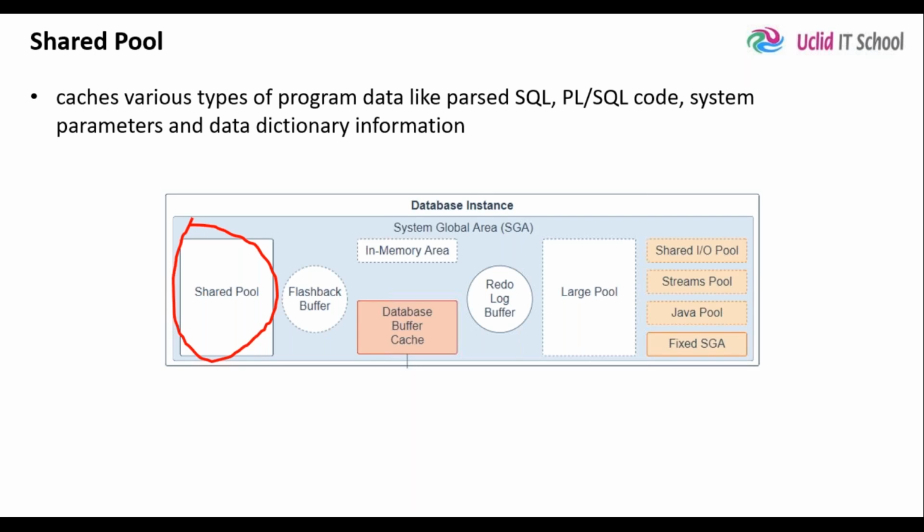All the parsed SQLs, the PL/SQL code, system-wide parameters, and the data dictionary information are stored inside the shared pool. The shared pool doesn't directly store any data, but it stores metadata. Every SGA will have a shared pool.